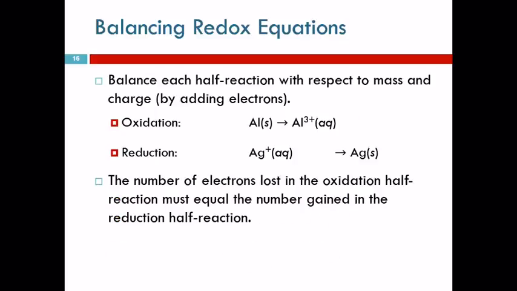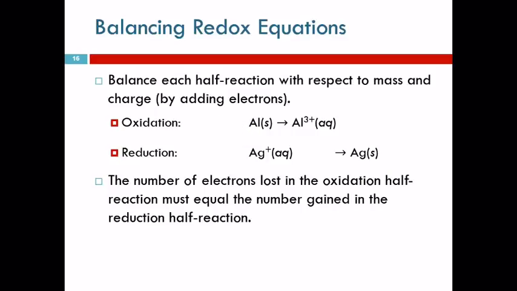Now we're going to balance each of these half reactions. First we're going to look at mass, numbers of atoms of each element, and then we're going to look at charges. So Al to Al3+, we already have one aluminum on each side, so the mass is balanced, but the charge is not. This side is +3, and this side is 0.